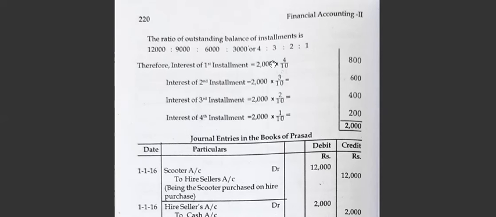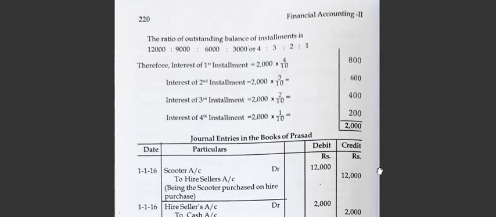Then you have to divide that interest in this ratio. The total interest is 2,000. Multiply into 4 divided by 10: 4 plus 3 is 7, 7 plus 2 is 9, 9 plus 1 is 10. So 2,000 into 4 by 10 you will get 800. 2,000 into 3 by 10 you will get 600. 2,000 into 2 by 10 you will get 400. 2,000 into 1 by 10 you will get 200.